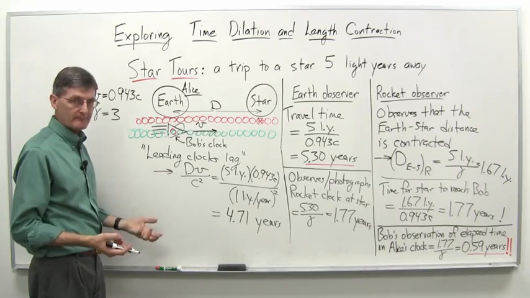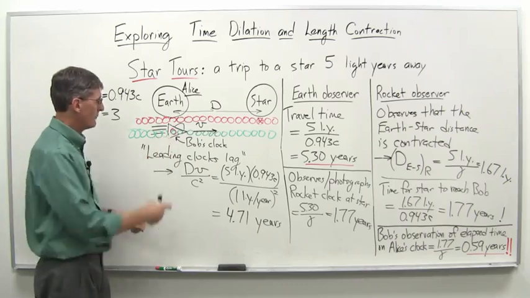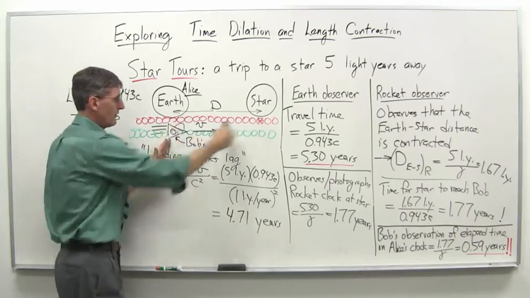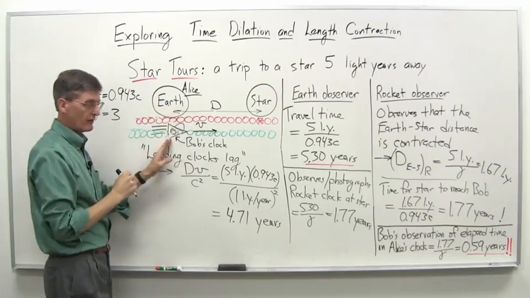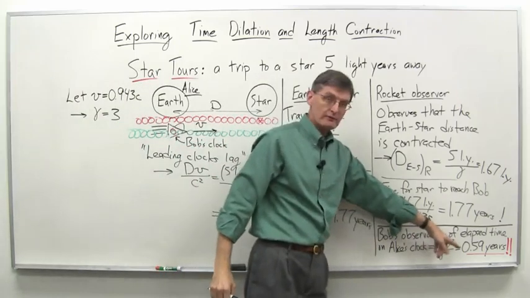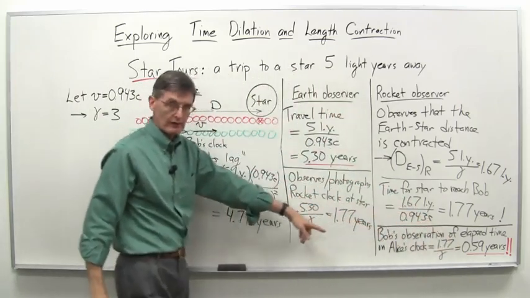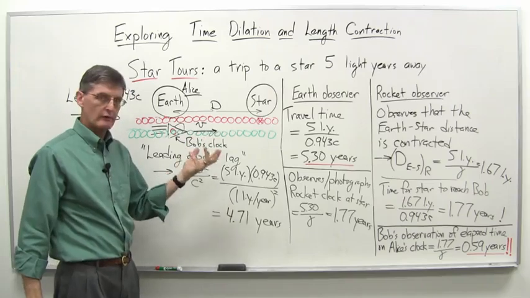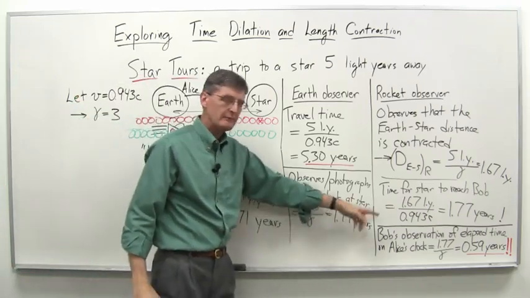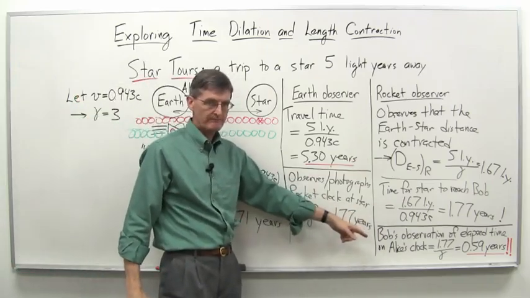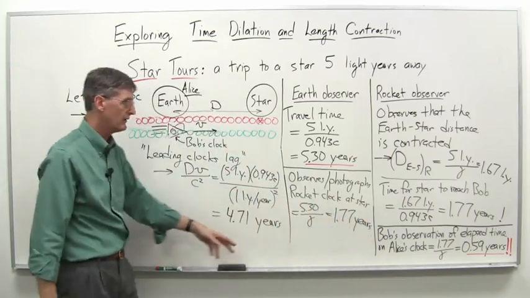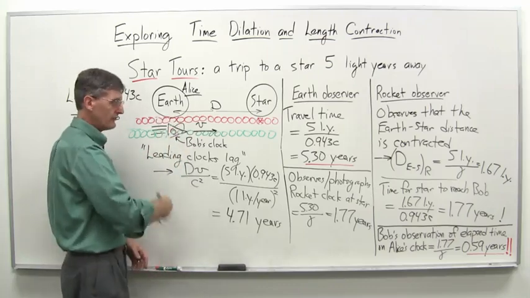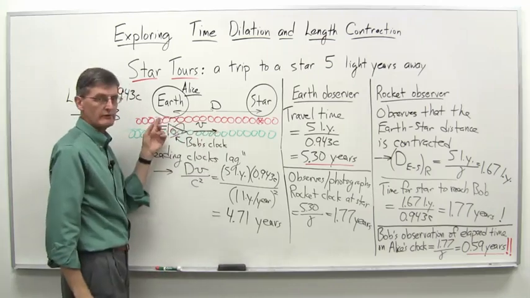But remember, the elapsed time between this instant, when Earth is here, and then when the star gets there, is 0.59 years. I should say not according to Bob's clocks. That's the elapsed time he sees on Alice's clocks. They're running slow compared to him. So as they're going by, he's watching them tick off, and he sees them tick off 0.59 years.